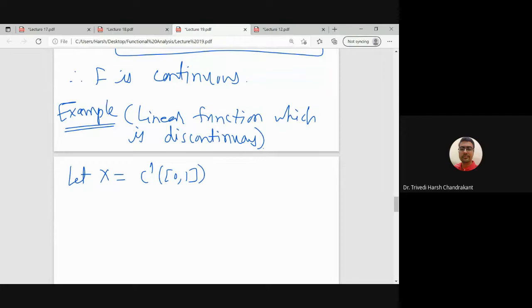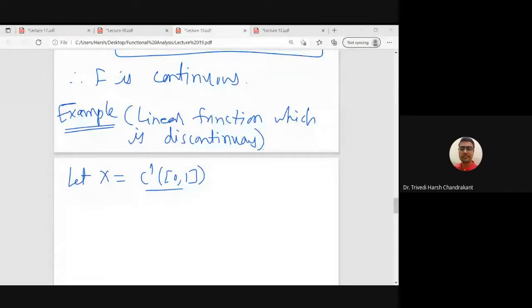So X, is it clear that it is a vector space? Operations are pointwise addition and pointwise scalar multiplication. If we take two functions which are differentiable, which are elements of this set, and we add them, then that function is also continuous on the closed interval 0, 1 and 1 time differentiable, right? Because (f plus g) dash is f dash plus g dash.